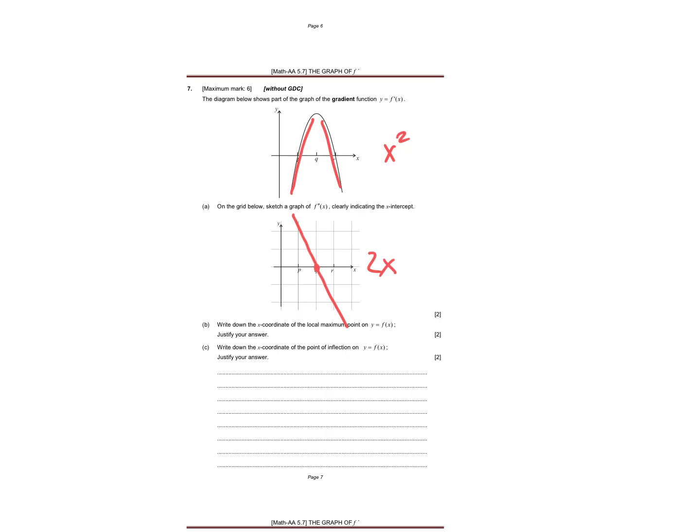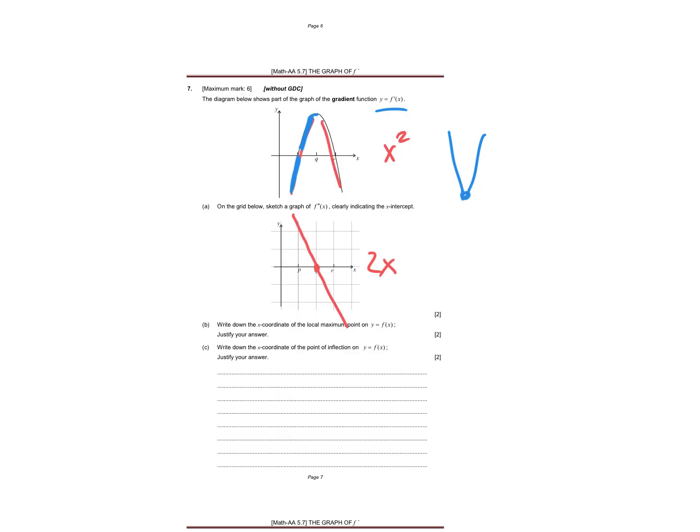Okay, so then write down the x coordinate of the local max point on f. If this is the derivative in the top picture, this gradient is going from negative gradient to positive gradient, so this is the minimum.